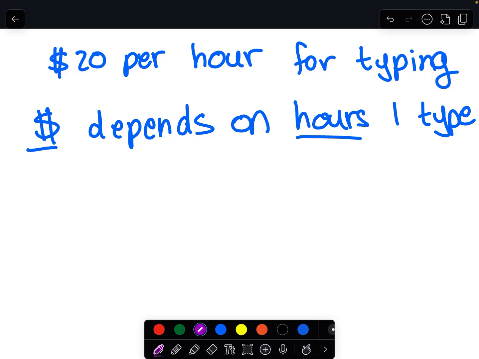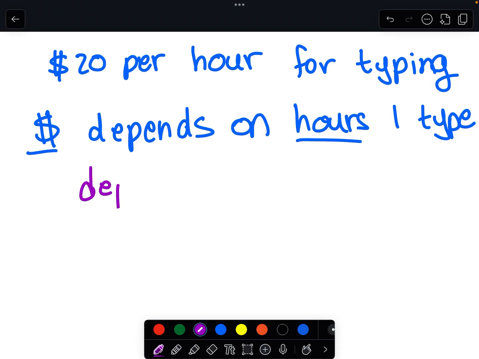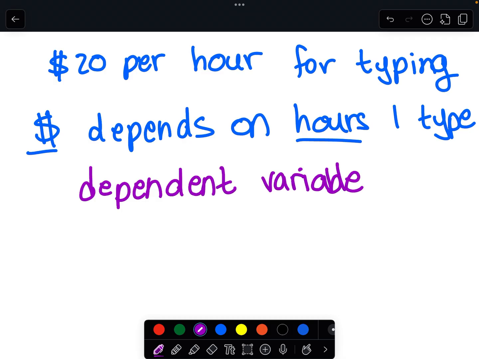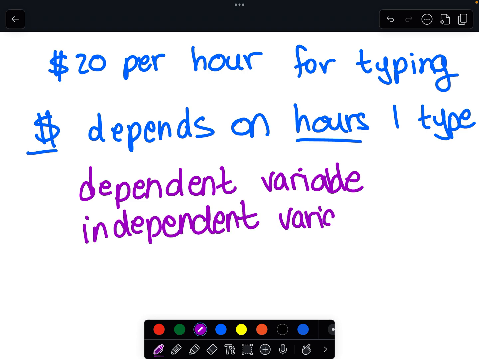Why? Because with linear functions, we have something that is called a dependent variable. This might sound familiar to you, a dependent variable. And we have something called an independent variable. One depends on the other.